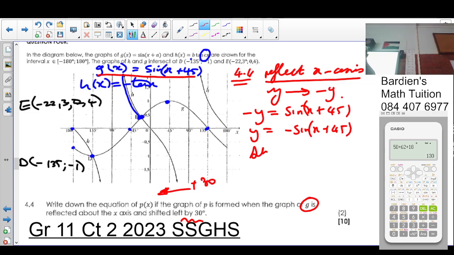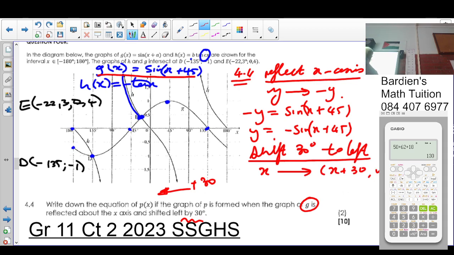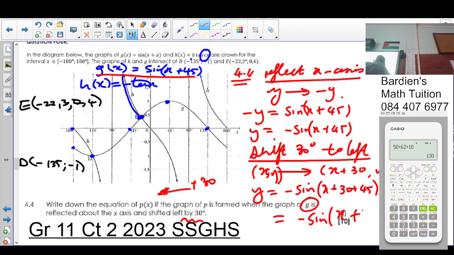So it shifts 30 degrees to the left. Then x becomes x plus 30. Y remains 1. Okay, so it becomes y is equal to negative sine into x plus 30 plus 45, which is negative sine x plus 75. Okay.